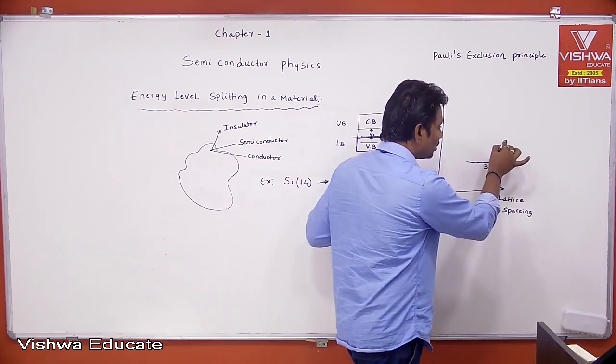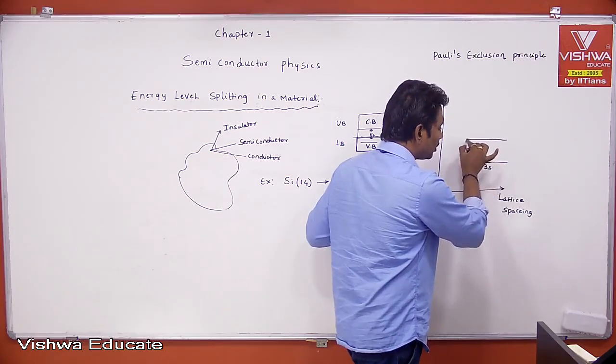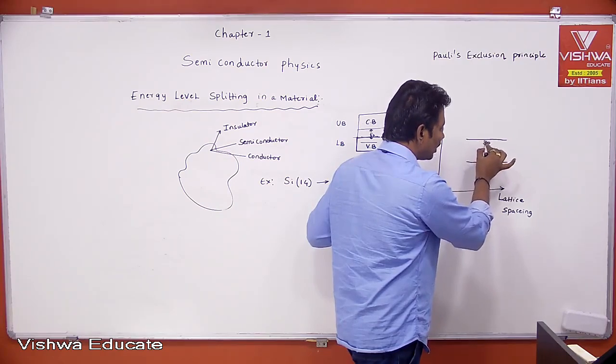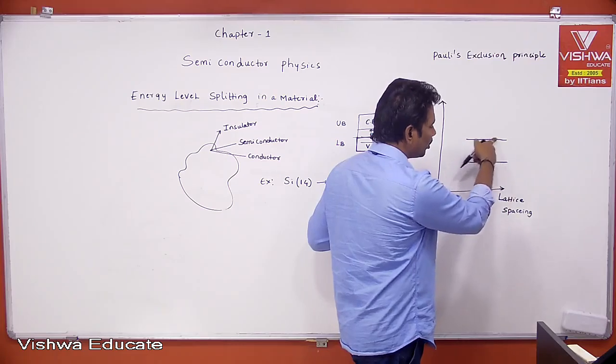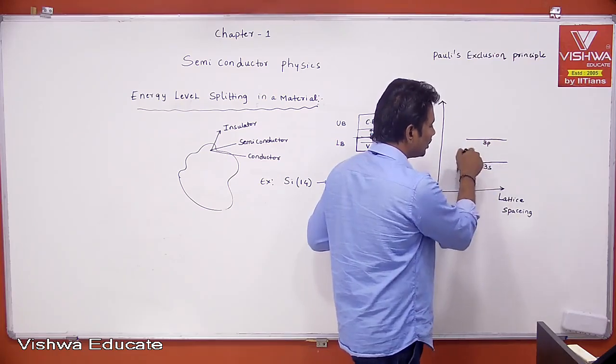And electrons in the 3p orbital can have the same energy, so you can represent them with a single line. Here the 3p orbital is the higher orbital, so I am drawing it above the 3s orbital.